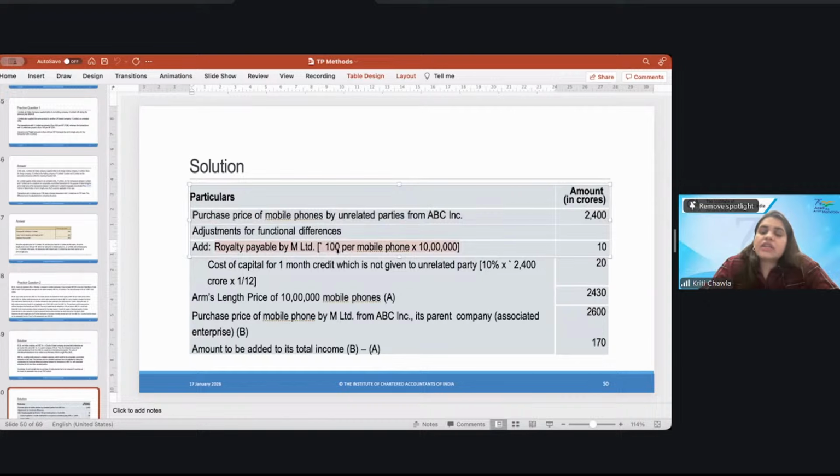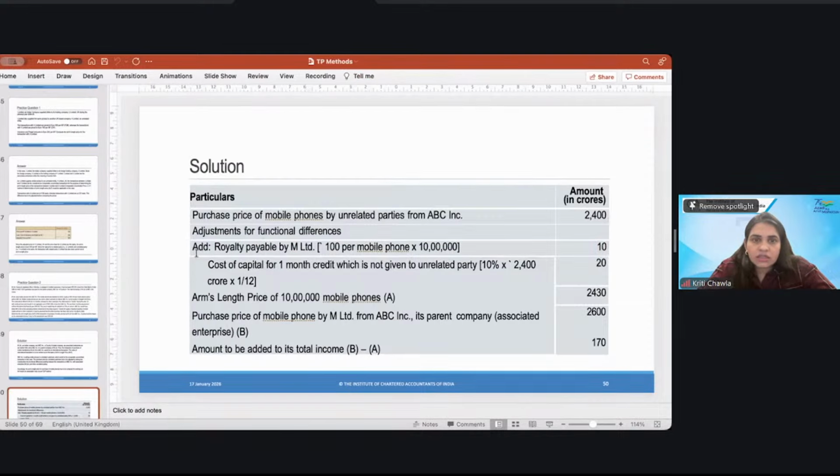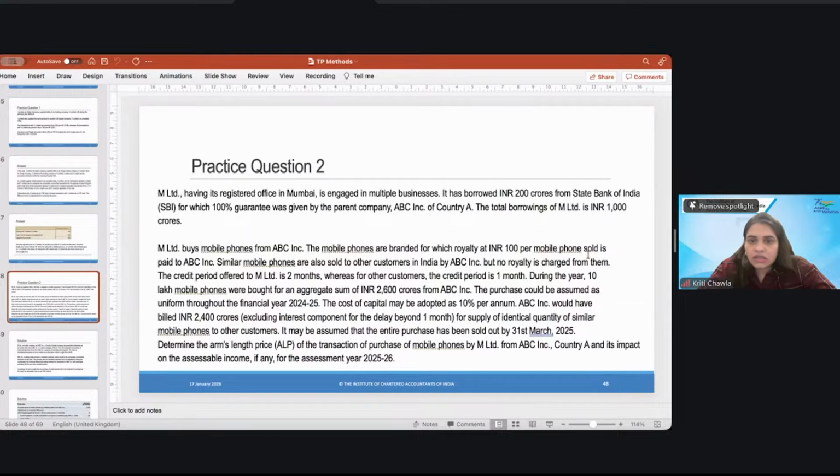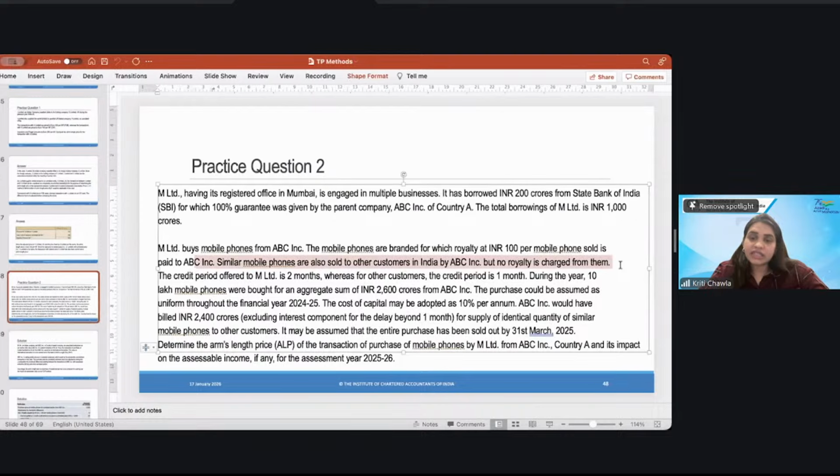100 per mobile phone will give you 10 crores. To other customers, no royalty is charged, so in this 2400 crores situation, there is no royalty.